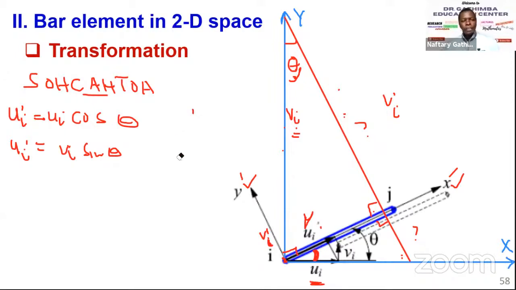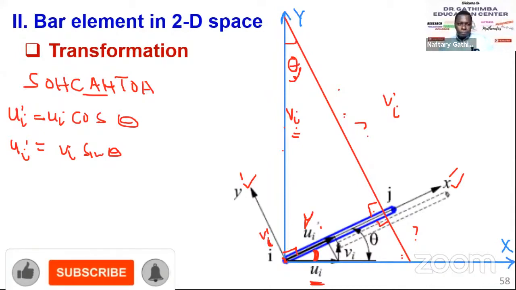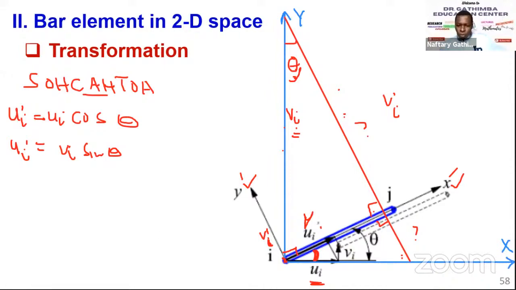Now we have resolved from the local coordinate system the displacement along the axis of the element. We have been able to resolve this displacement along that direction.